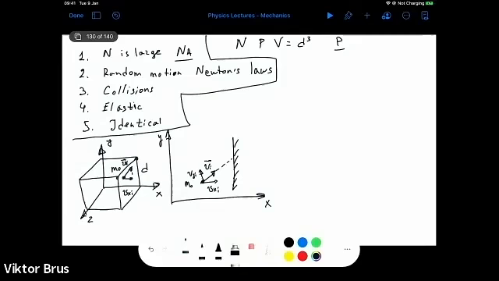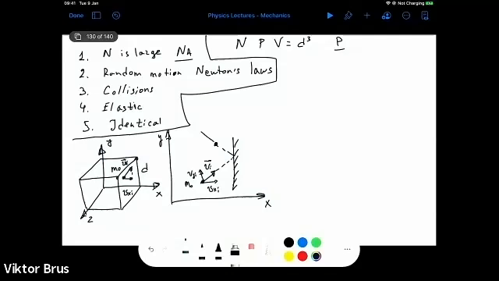Then it undergoes an elastic collision with the wall. We have mirror reflection. Here is our molecule after collision.